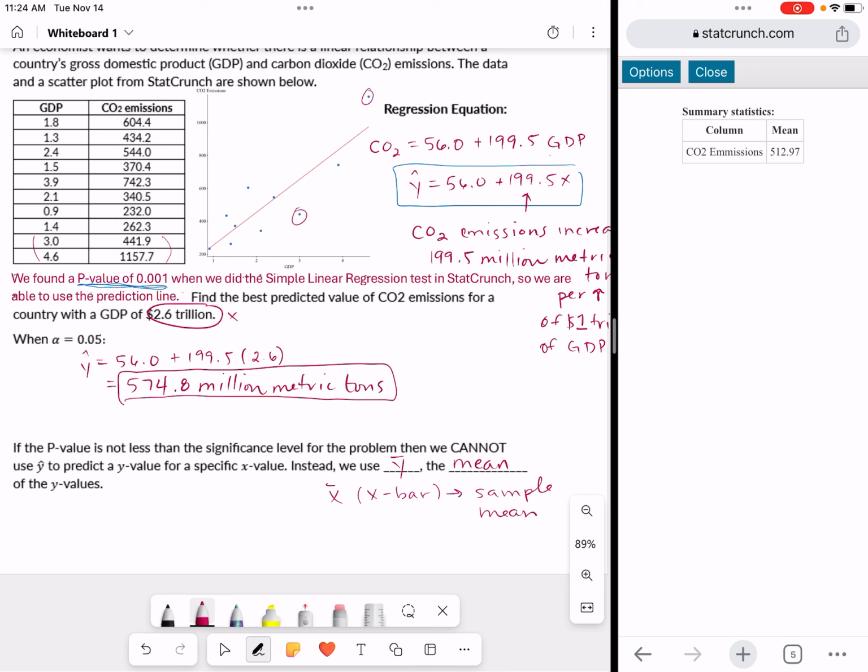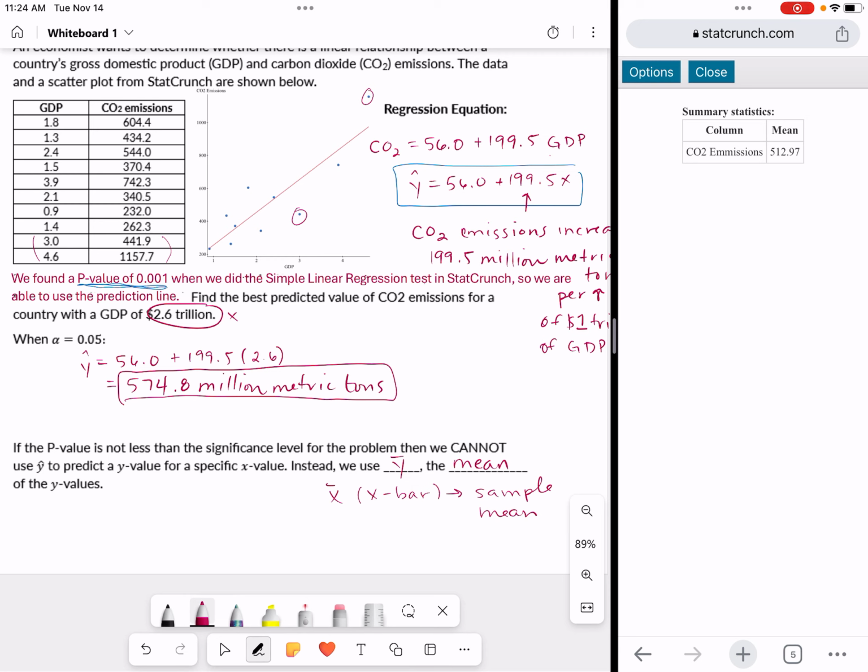And that would be it. So if we needed to, we could use the mean of the y values, 512, almost 513. Since I was rounding everything to one decimal place, that would round up. So 513 million metric tons of emissions for any x value.